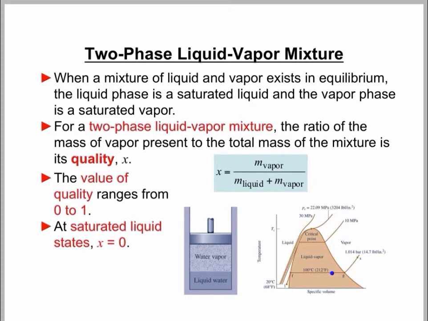The quality only has significance within this domed area, and the minimum value of quality is 0 when you are on the line of pure liquid about to change phase, going to unity, 100% gas or vapor, when you are on the right side of this bell-shaped curve.